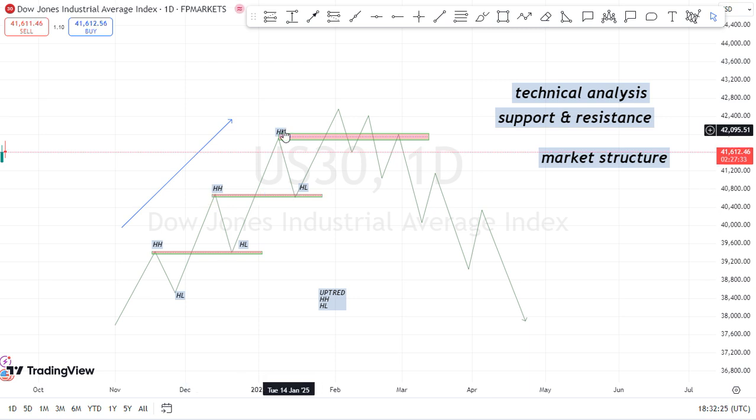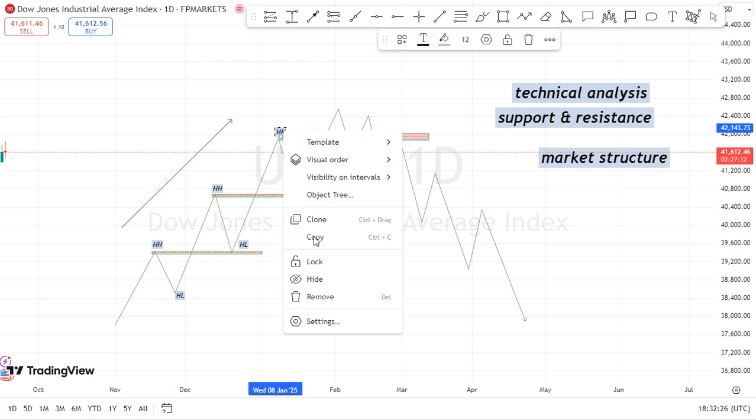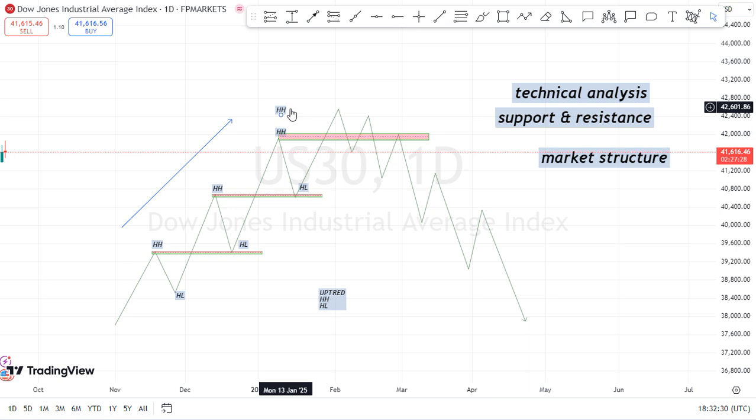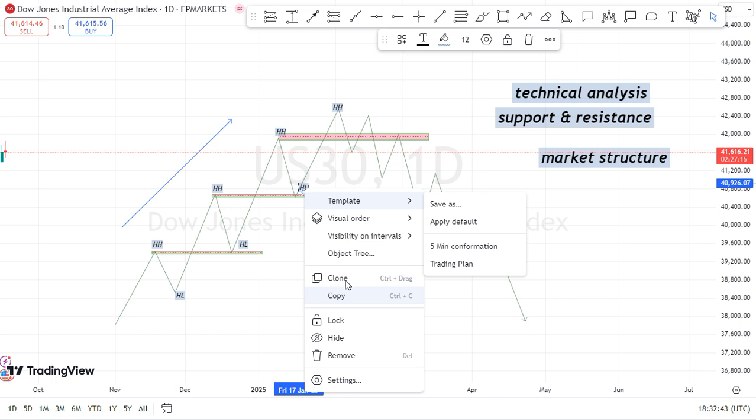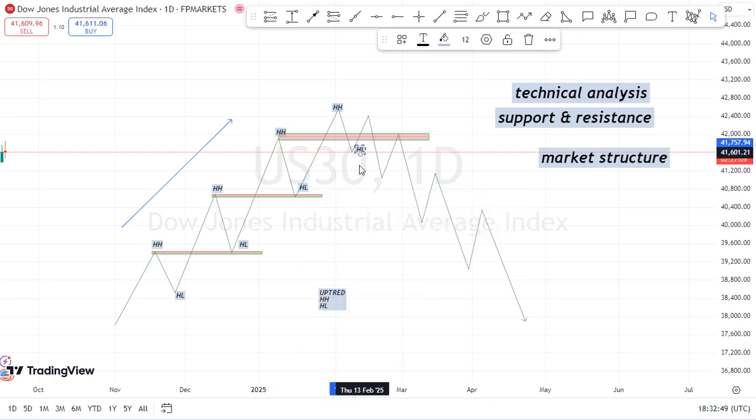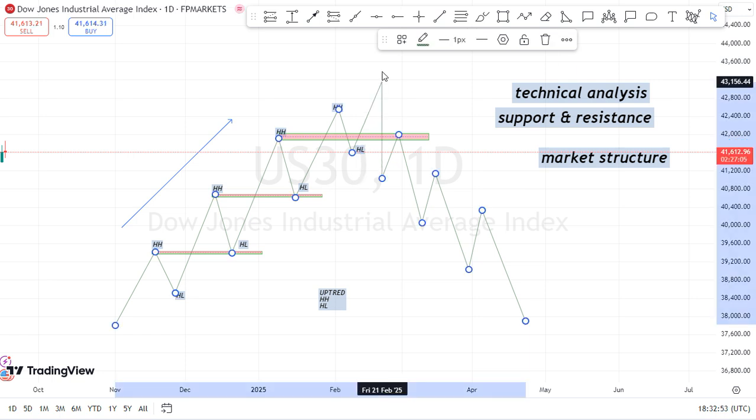Watch what happens here. So this is our previous high right here. To form a higher low, we have a higher low here. So from a higher low we expect the price to go and break to create a new higher high, but instead it failed to create a new higher high, and then it came to break our previous higher low.